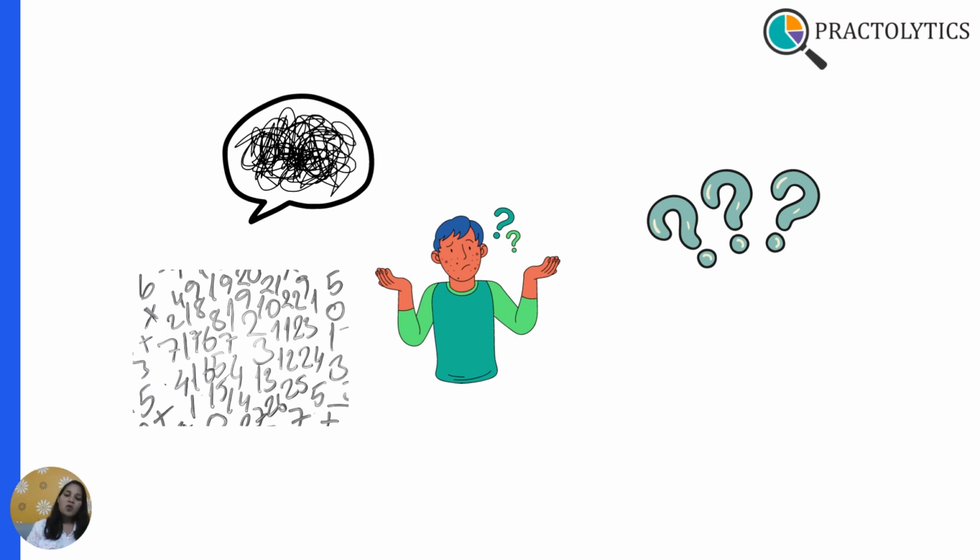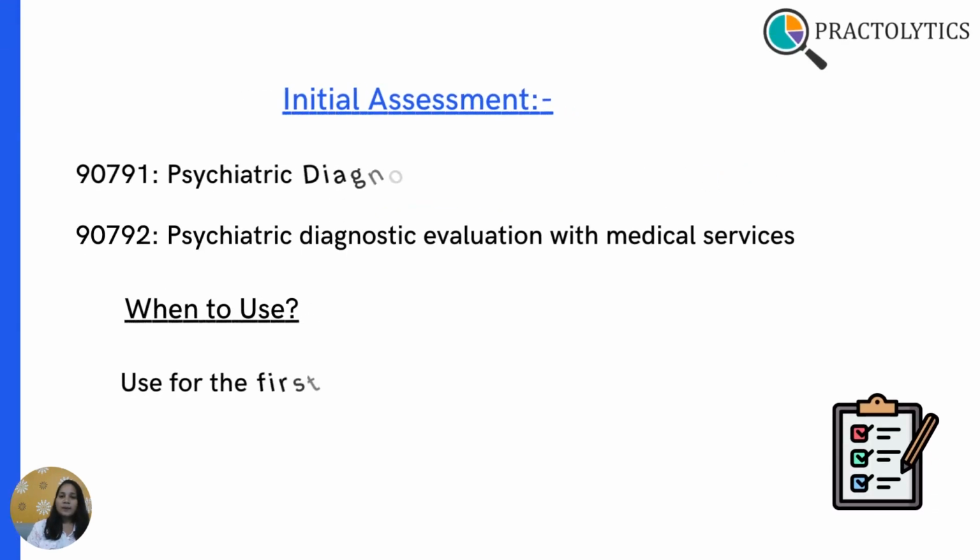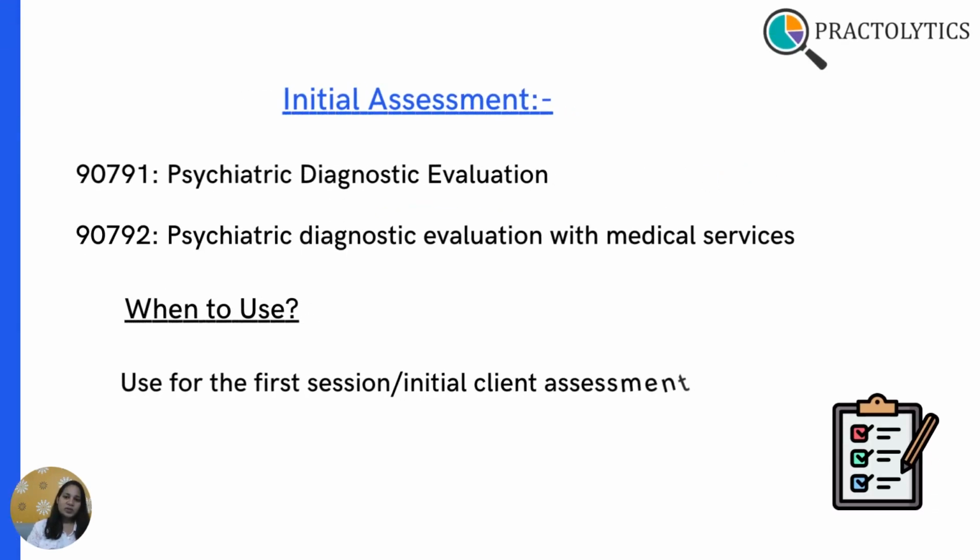Here are some of the most common psychotherapy CPT codes. Initial assessment. A psychiatric diagnostic evaluation is an integrated biopsychosocial assessment including client history, mental status, and treatment recommendations. It may include communication with family or other sources and review and ordering of diagnostic studies.